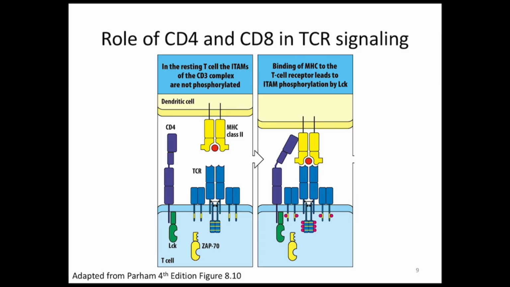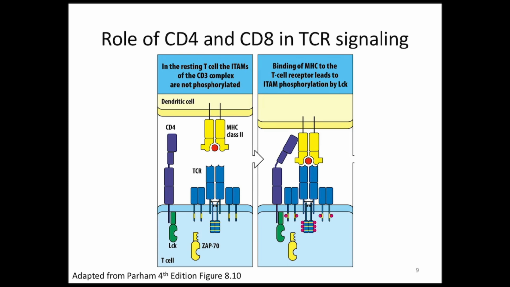So we're going to pull those extracellular parts of the proteins together. If we pull the extracellular parts together, that means the intracellular parts have to come together too. We've basically forced the intracellular cytoplasmic parts of these proteins to come together. Again, this is called the induced proximity model of signaling.